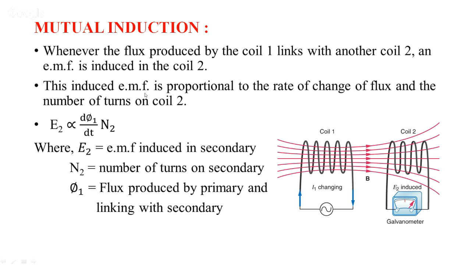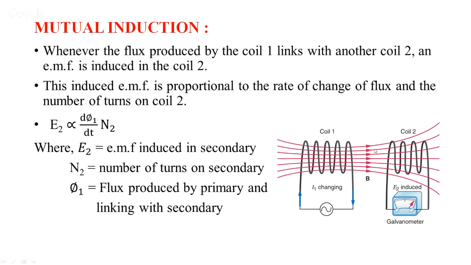Now, this induced EMF is proportional to the rate of change of flux and the number of turns on coil 2. Whenever the flux linking changes, how can we change the flux linking? By varying the magnitude of the current. Whenever you vary the magnitude of the current flowing in the coil, the amount of magnetic field or flux set up around the coil is varied.